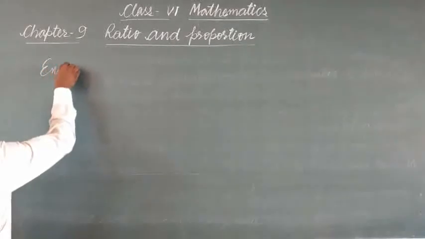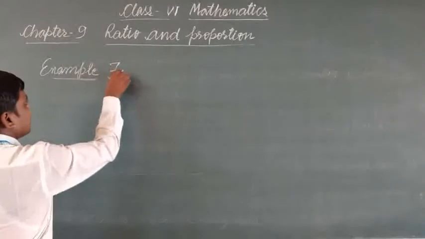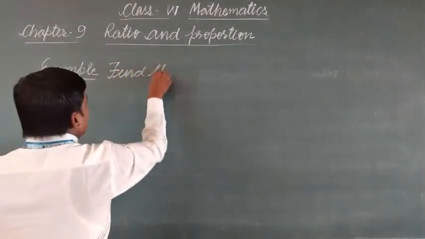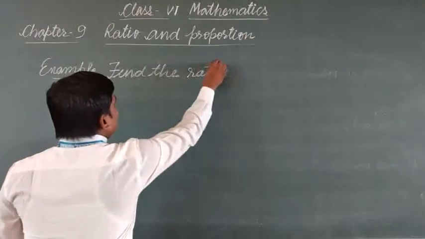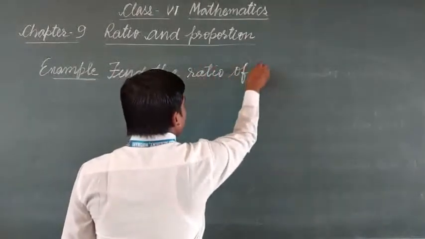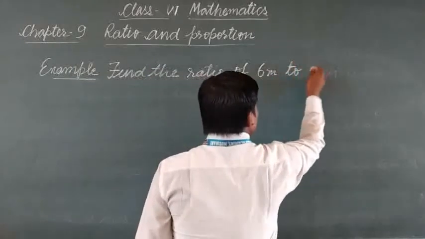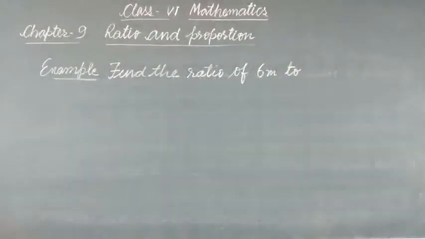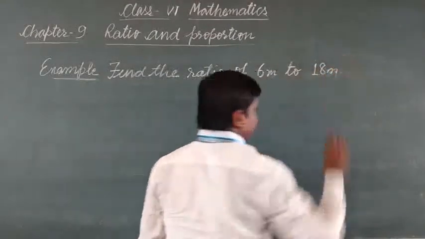Example: find the ratio of 6 meter to 18 meter.